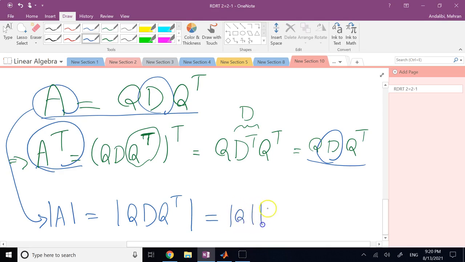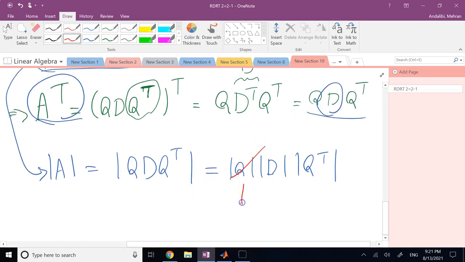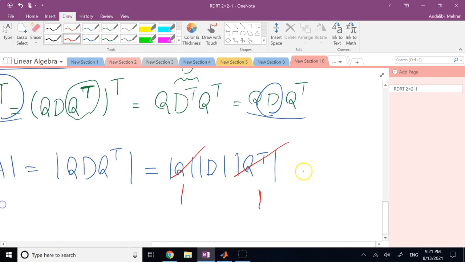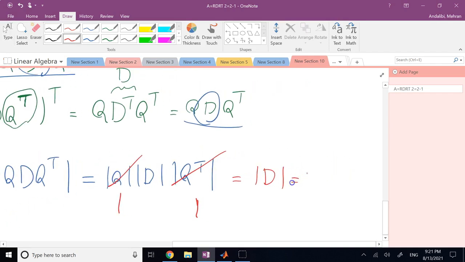So it's going to be determinant Q, determinant D, determinant Q transpose. And remember I told you Q is an orthonormal matrix, means the determinant of it is 1 for a right-handed system. The same for transpose. So you see the determinant of A is going to be the same as determinant of D. And D, remember, it's a diagonal matrix with lambdas in it.